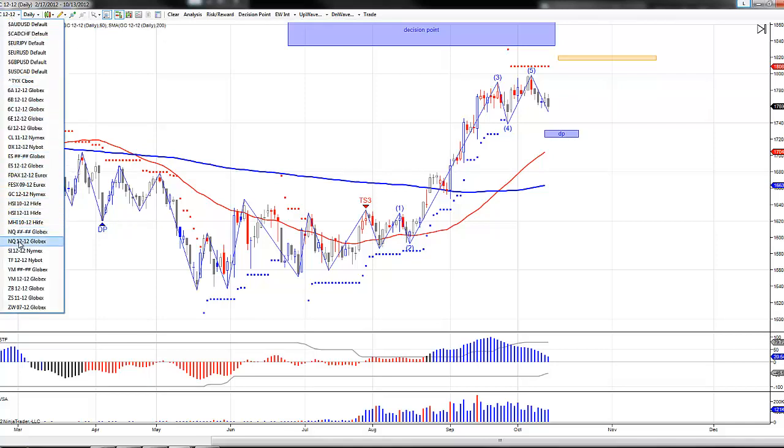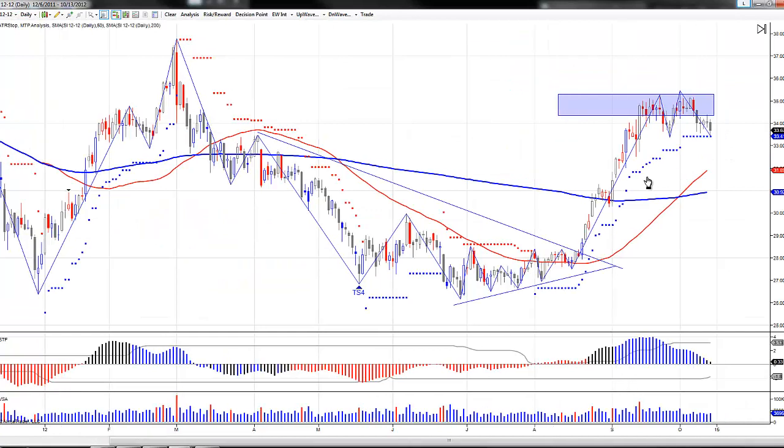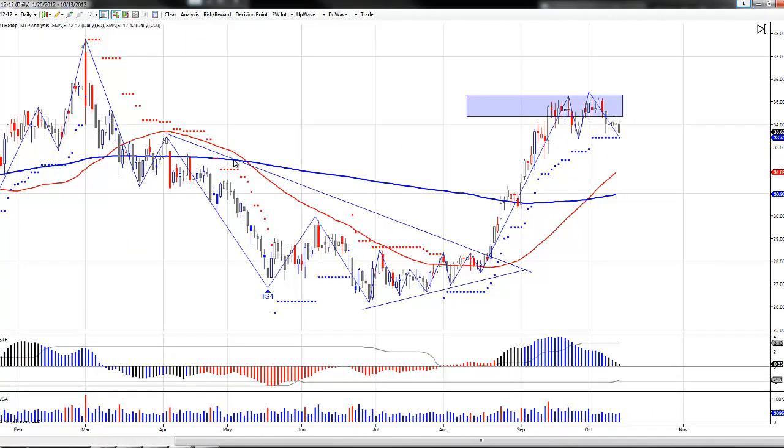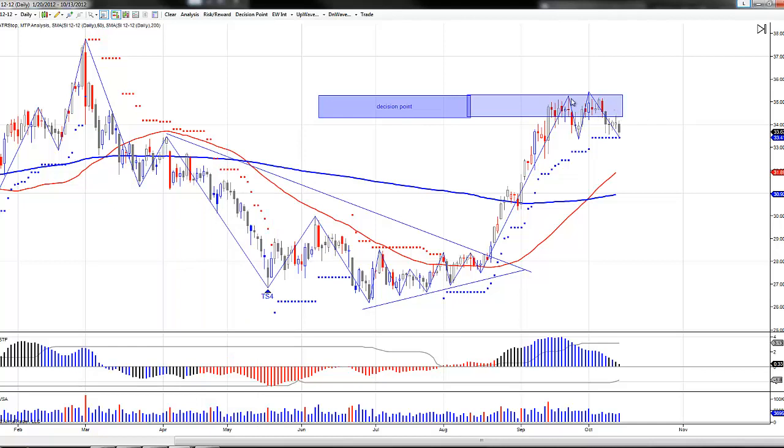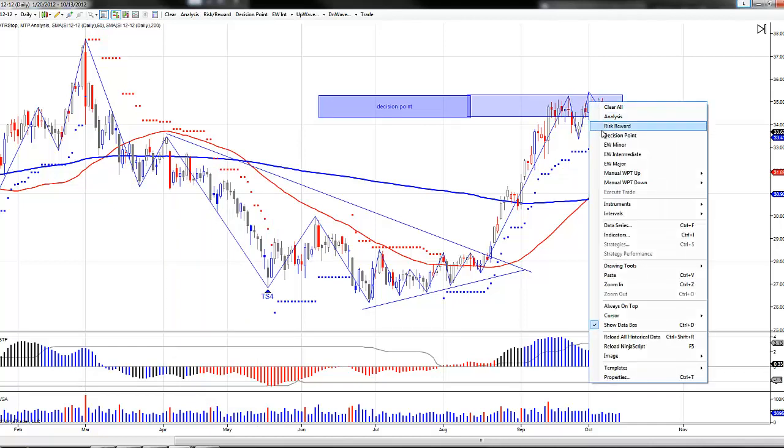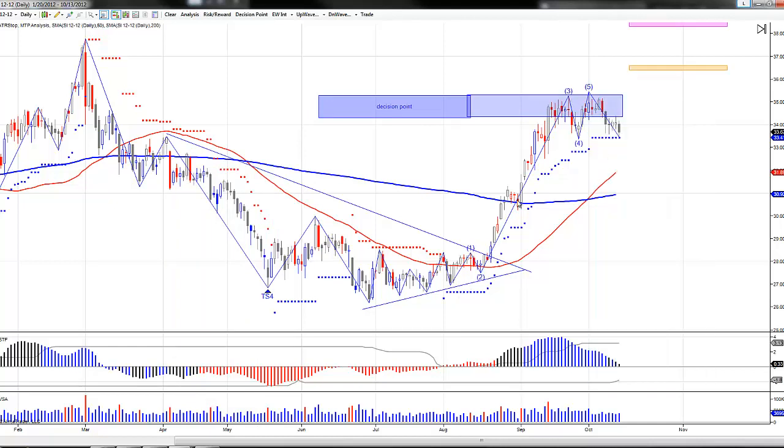Silver, again, very similar situation here. It has come into its decision point resistance off its last swing back here. You can see that highlighted here. This was again not a nice, clean pattern. The starting point here is in that consolidation and the break. The wave 5 target was actually up higher here, but the decision point muted the rally, going sideways here.